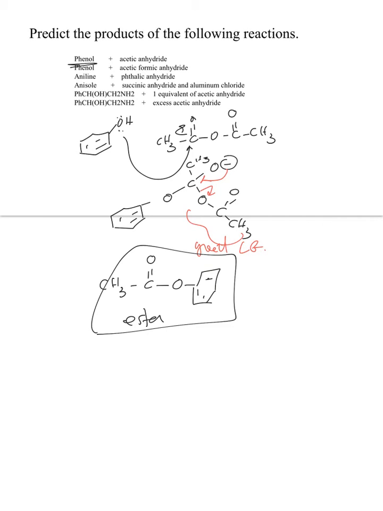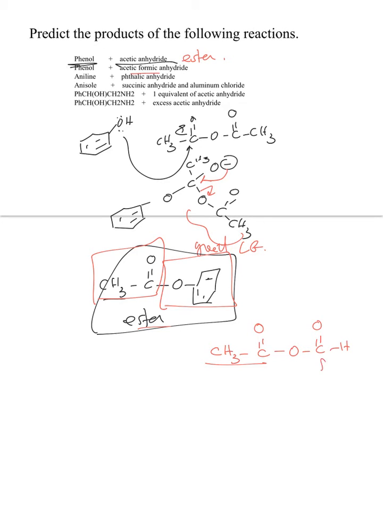Okay, so the phenol is your alcohol portion. This comes from your acetic anhydride. This comes from your phenol, and you get an ester. Okay, phenol and acetic formic anhydride. So there's your acetic group, and then this is your formic group.